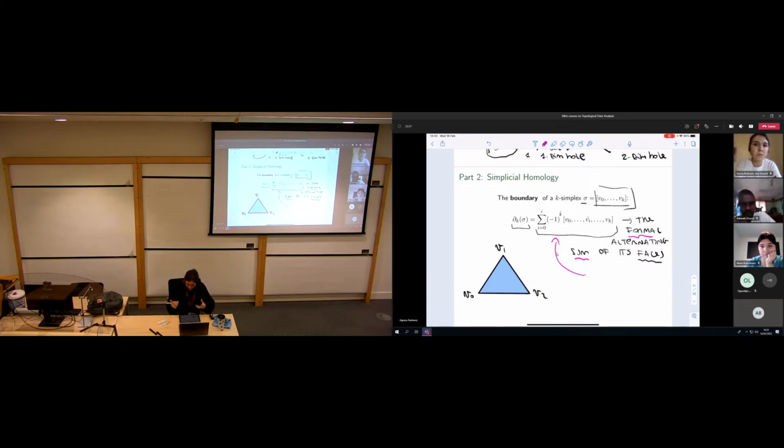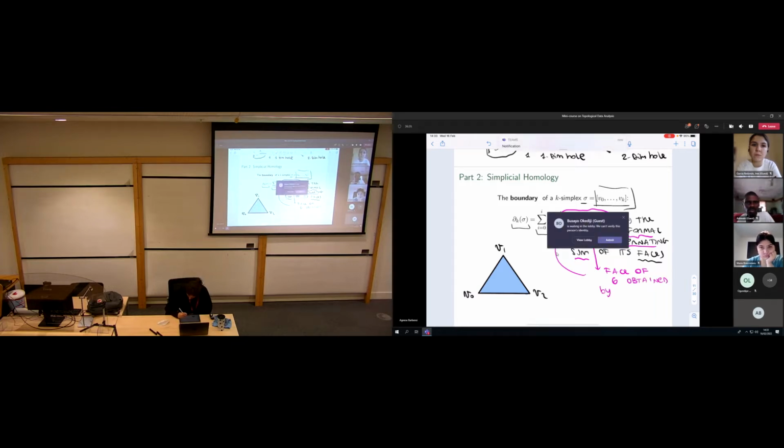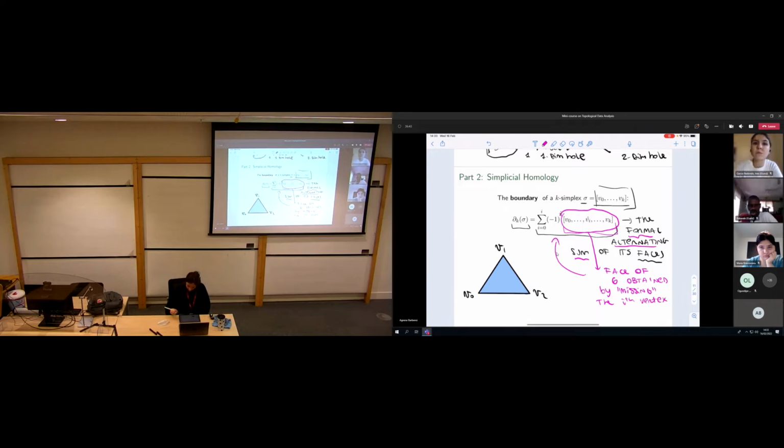Alternating means that I'm considering plus or minus signs on the faces, and in this way, I want to indicate the face of sigma obtained by missing the ith vertex. Okay, let's see it with an example.